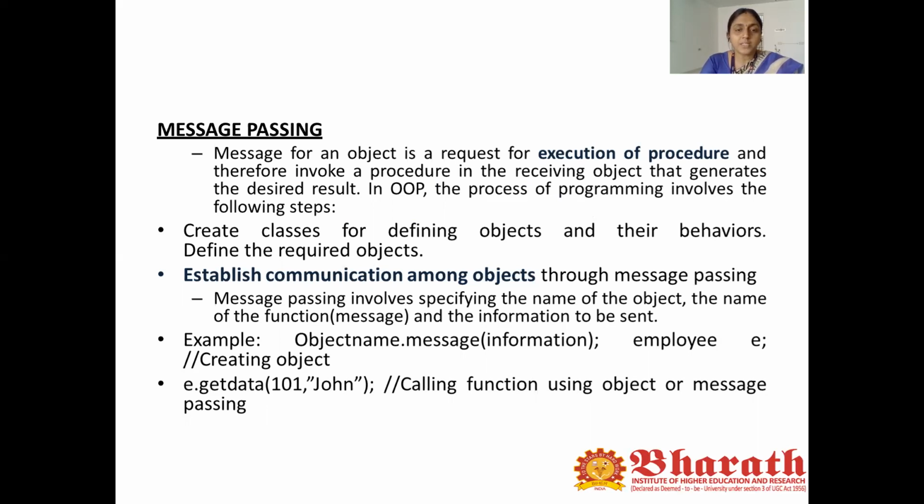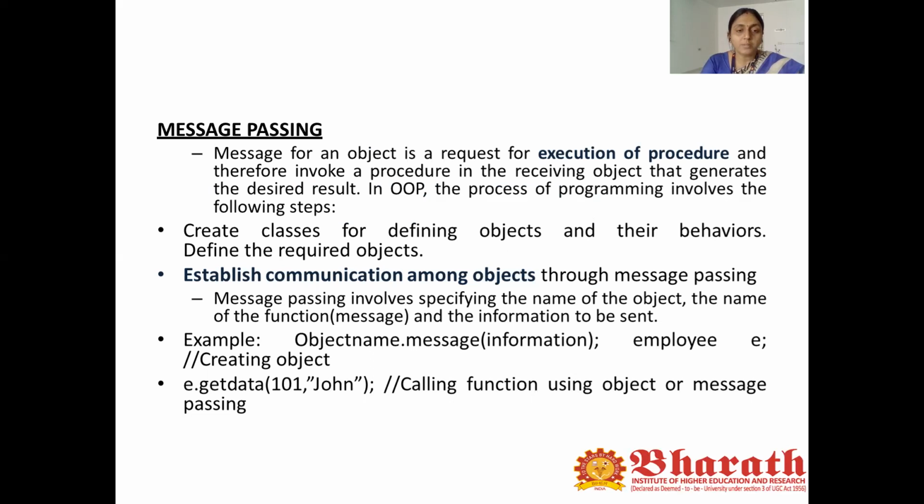So this message passing can be implemented in the form object name dot message, and arguments will be the information to be passed. For example, when we have a class called employee, we can create an object for the employee class, say E. And using that object E, we can call a function, say getData. So we can use the object name to call the function getData.